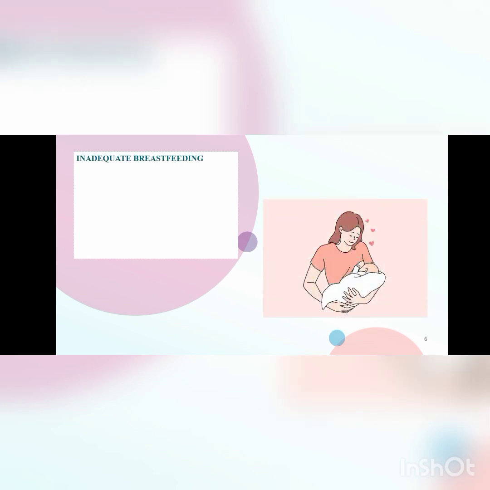Inadequate breastfeeding refers to a situation in which an infant does not receive sufficient breast milk to meet their nutrition needs, which can lead to malnutrition and other negative outcomes. These include delayed initiation of breastfeeding, non-exclusive breastfeeding, and early cessation of breastfeeding.